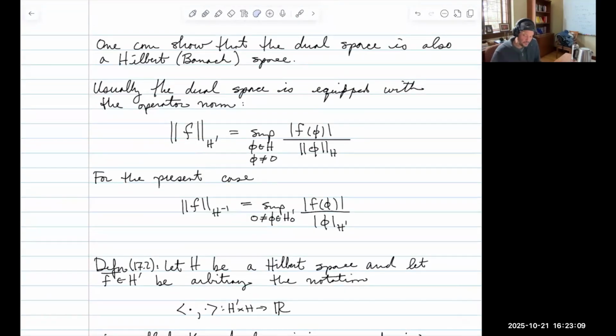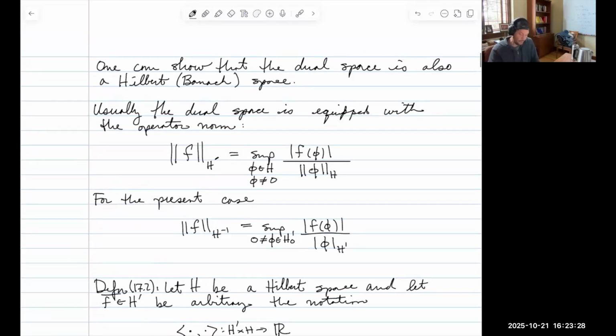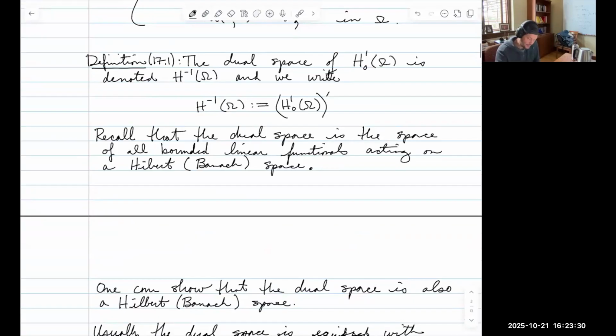Now, usually the dual space is equipped with something we call the operator norm. So what is the operator norm? And this here, just to make it clear, that's a prime. Usually for the dual space prime, we try to angle it so that it's really clear that it's not a 1.